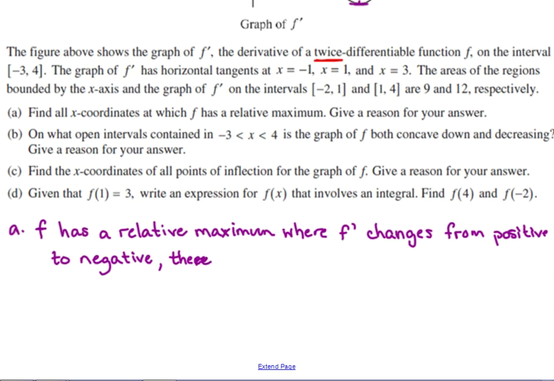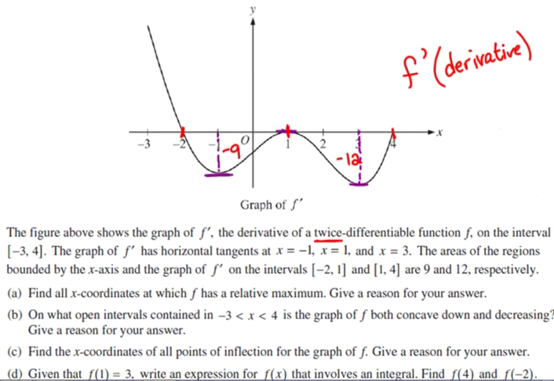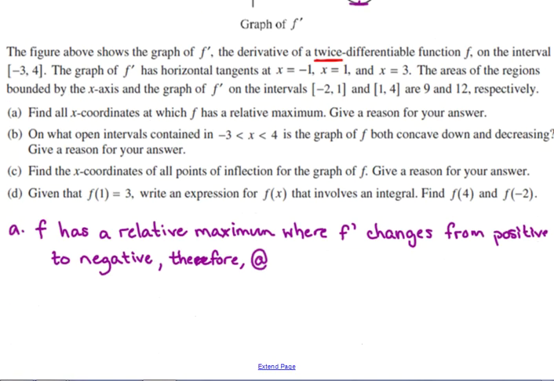Therefore, at where positive, negative, that occurs at x equals -2. Okay, so let's see here. That is 1 point for identifying x equals -2 and 1 point for your answer with a reason.